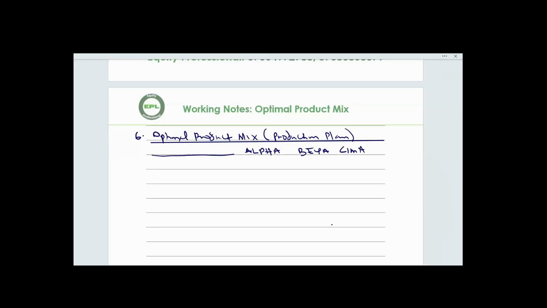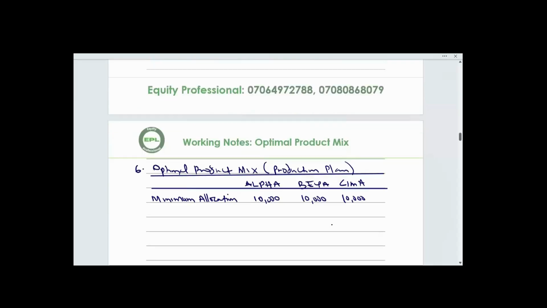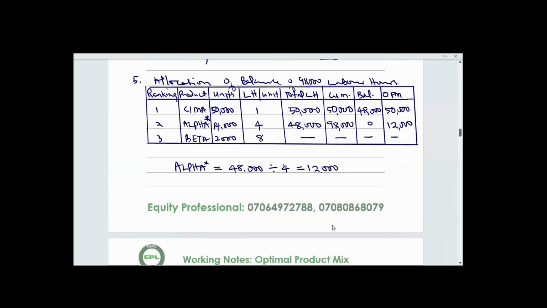So we have two different allocations. The first one is minimum allocation. We have given minimum allocation of 10,000 units for each product. And we have allocated additional for Sigma 50,000, for Alpha 12,000.